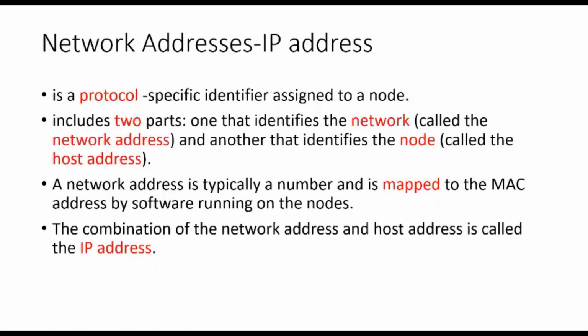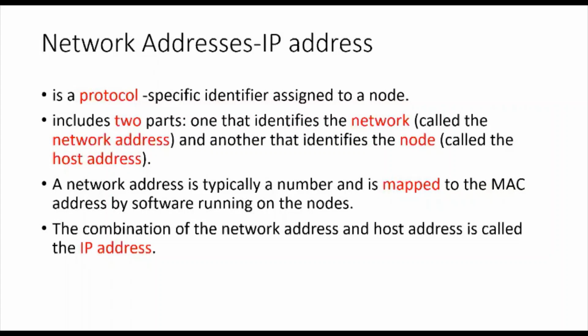For example, let's say in Genic there are different networks, maybe the civil network, then the EC network, the IT network, and so on. The IP address is divided into two parts, network address and node or host address. By looking at the network address, you will know exactly where this particular device is located.